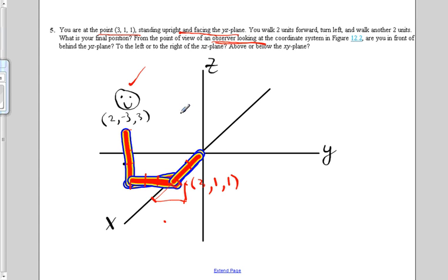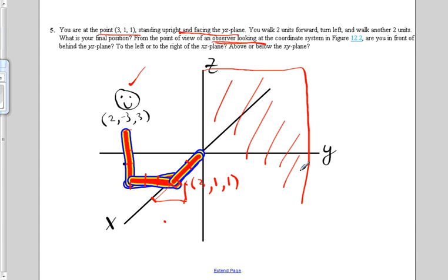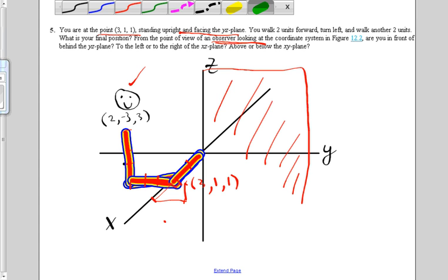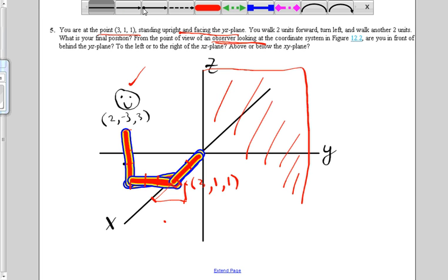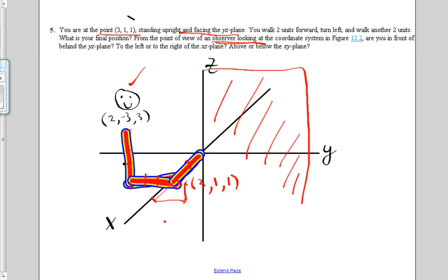Well, the YZ plane is this plane right here that we drew before. So that's our YZ plane. And so we're sitting there, facing this plane. So just as an indicator of the direction that I'm looking, let me draw in this little arrow showing where I'm looking. So here I am at this point, and I'm looking in that direction.